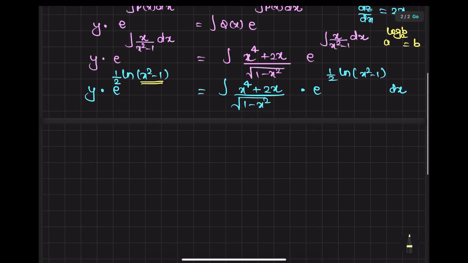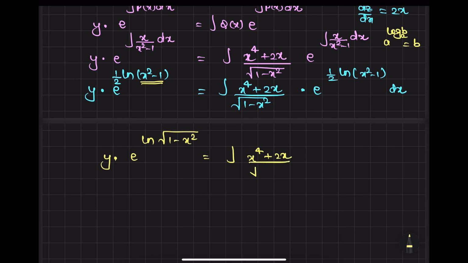So what I will do, look here, I will write y times e power ln root 1 minus x square. This is a very important line. Please solve this separately, you will understand. You have x power 4 plus 2x upon root over 1 minus x square, and then e power ln root 1 minus x square.